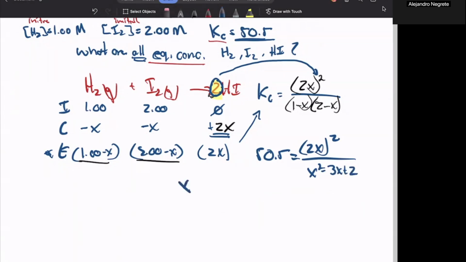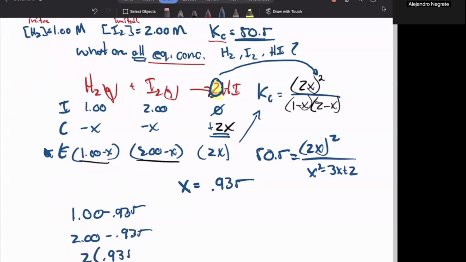So I determined that I had 2 values for x, and determined that x is equal to 0.935. So in order to figure out the equilibrium concentrations, we're going to go 1.00 minus 0.935, 2.00 minus 0.935, and then 2 times 0.935. I'm getting all of that information from here in order to determine what these concentrations are.